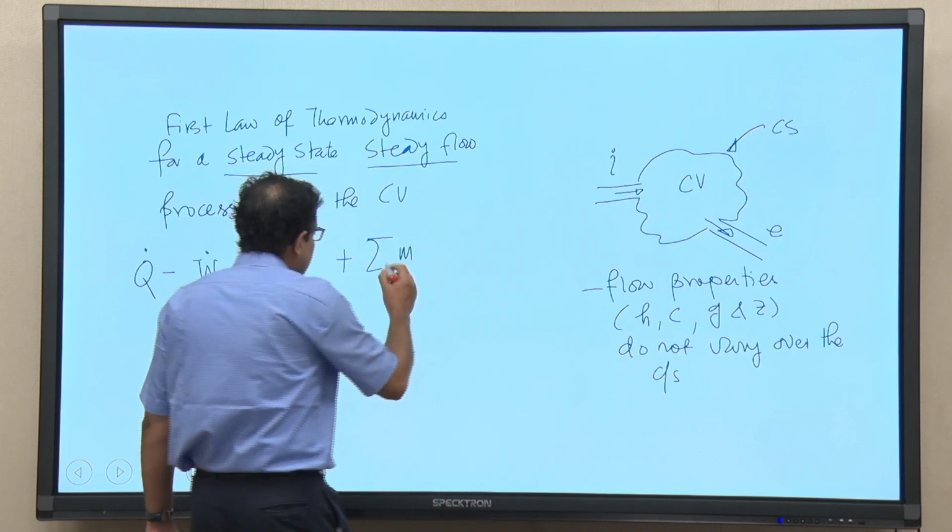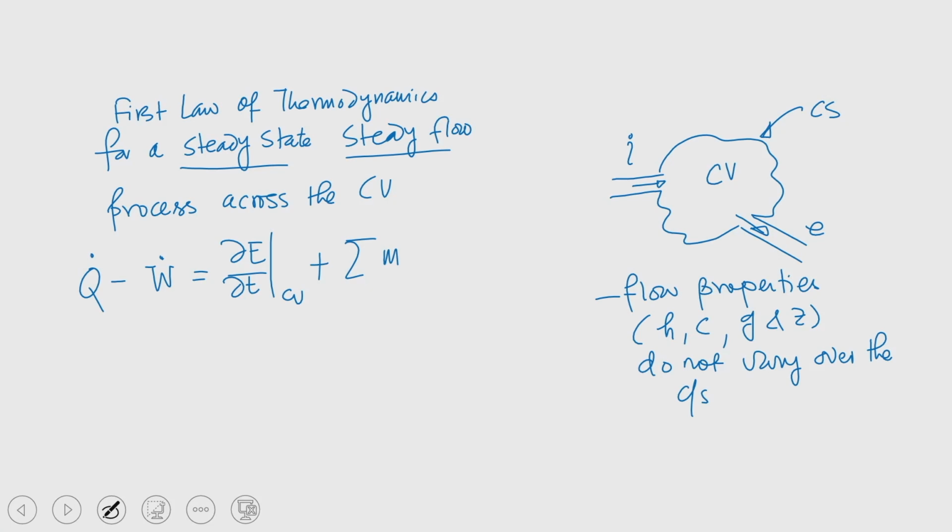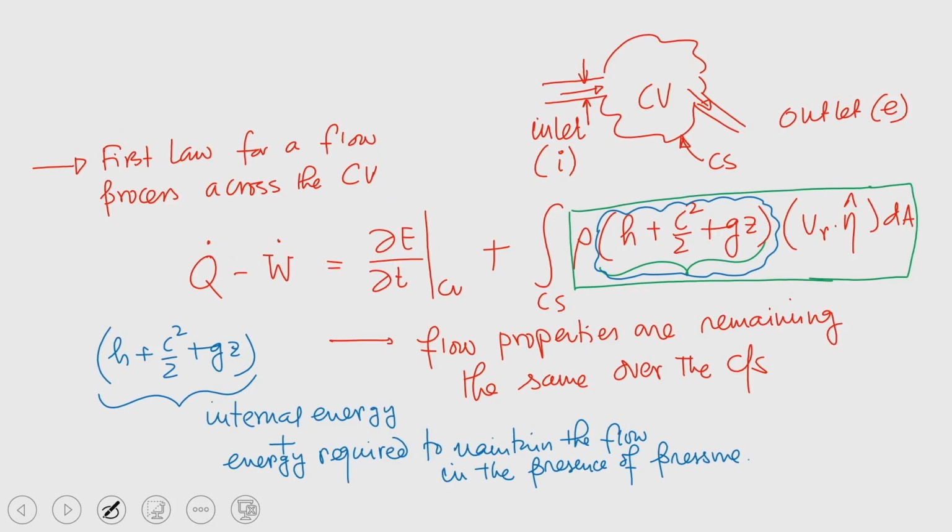So, I can write that m dot E, if we take this at the exit, we can denote enthalpy, velocity and z at the exit.